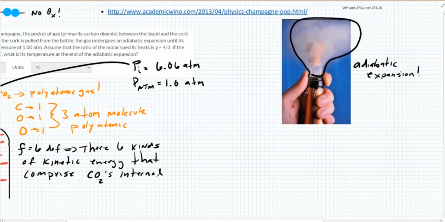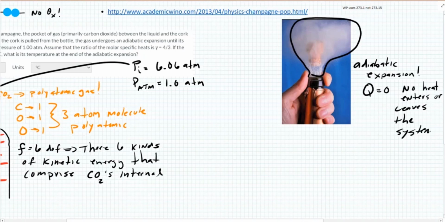You had this in chapter 18. This was first introduced in chapter 18. Chapter 18 said, for an adiabatic expansion, Q equals 0. No heat enters or leaves the system.